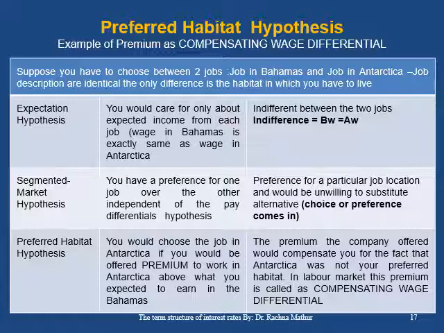Now, if you see the preferred habitat hypothesis, you would choose a job in Antarctica if you were offered a premium to work in Antarctica above what you expect to earn in Bahamas. So the premium the company is offering would compensate you for the fact that Antarctica was not your preferred habitat. In the labor market, this premium is called compensating wage differentials.